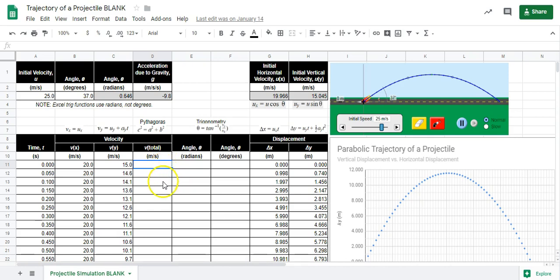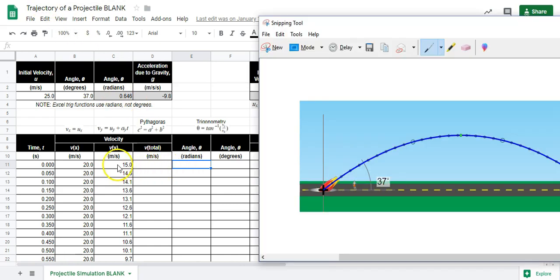In this video, we'll be just dealing with the resultant velocity at any point in time. So that'll be the magnitude of the velocity at any point in time and the angle in both radians and in degrees.